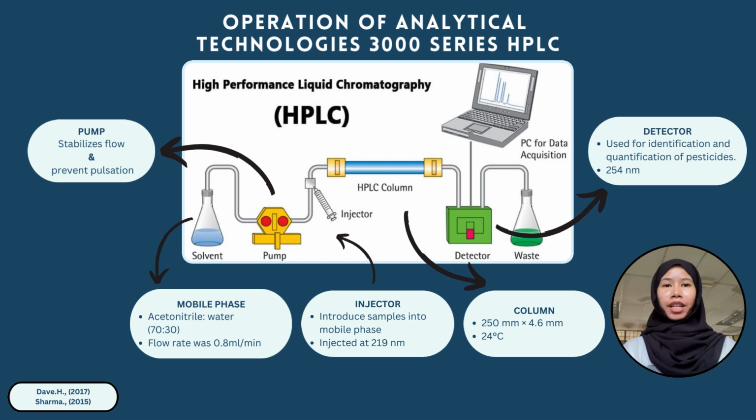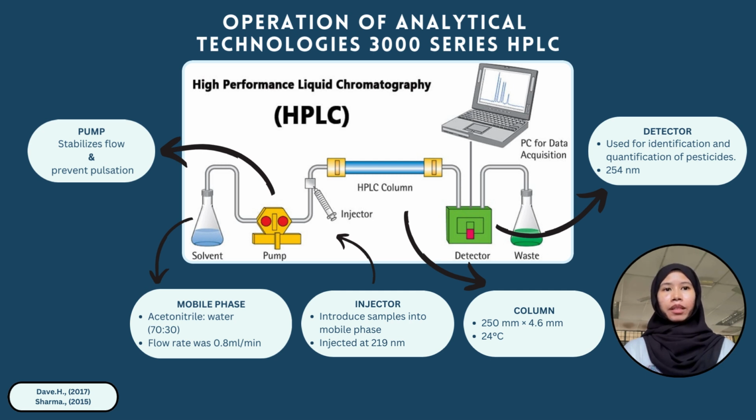The identification and quantification of pesticides were performed using an Analytical Technologies 3000 series high-performance liquid chromatography HPLC system. The HPLC system was equipped with a UV visible detector. Chromatographic separation was achieved using a C18 column, with sample injection conducted manually via the injector.